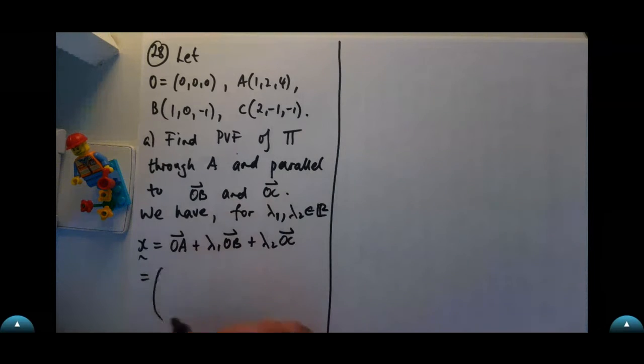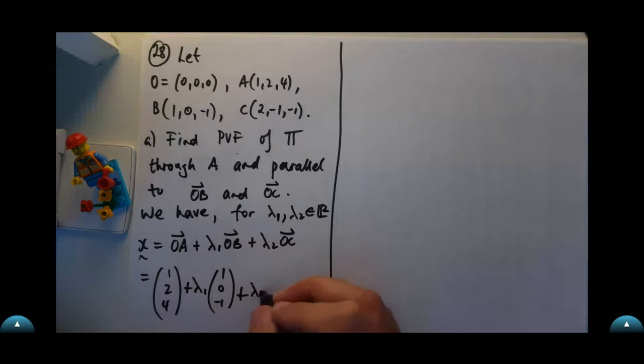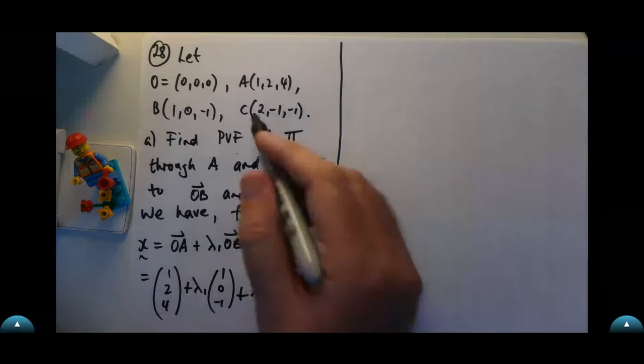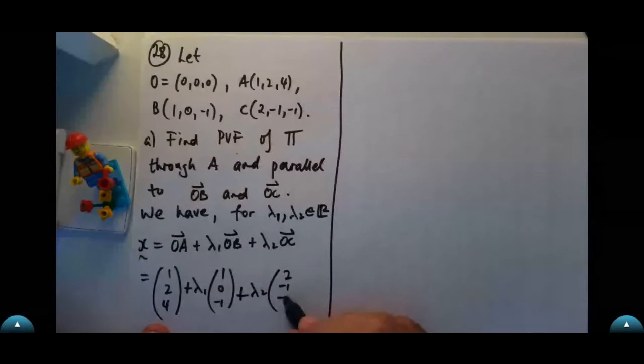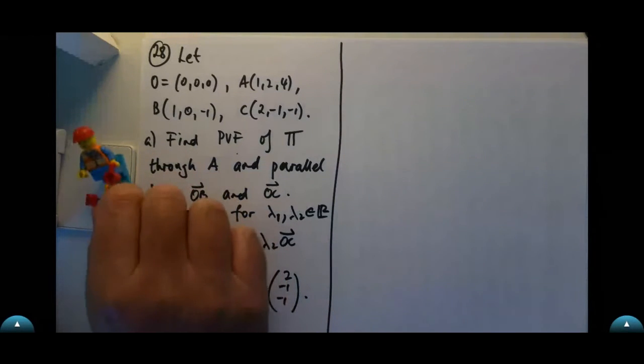So OA is going to be this written as a column. OB is just this written as a column. And OC is this written as a column. Okay? Yeah, pretty easy.